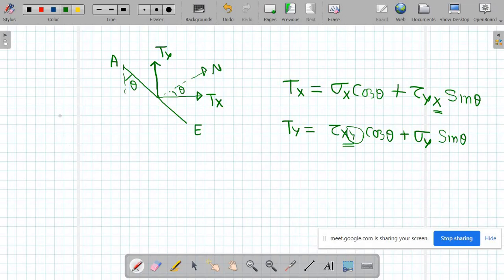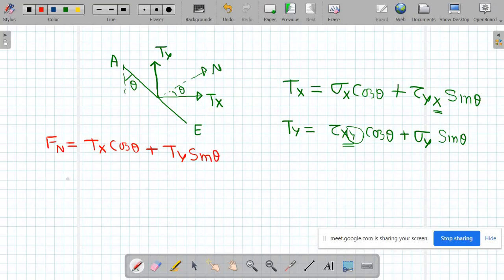So we will just calculate the force in normal direction. So force in normal direction is equal to Tx cos theta plus this is Ty, its normal component means force in this direction would be Ty sin theta.